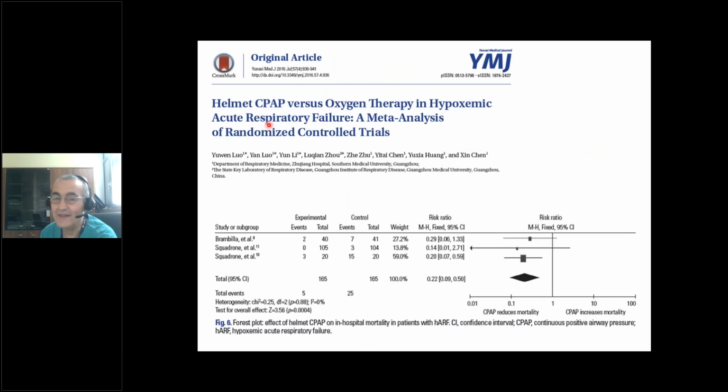There is a meta-analysis on Italian data done by Chinese authors in which they demonstrated that in patients with, once again, hypoxemic acute respiratory failure, helmet CPAP is better than conventional treatment with oxygen. So data demonstrating that CPAP can be dangerous are lacking.